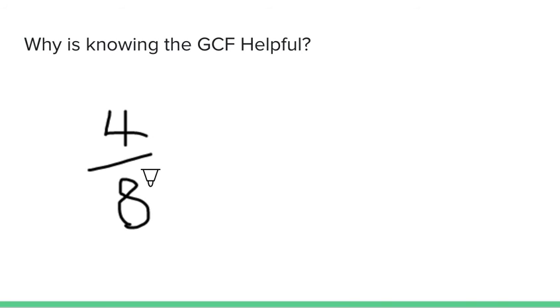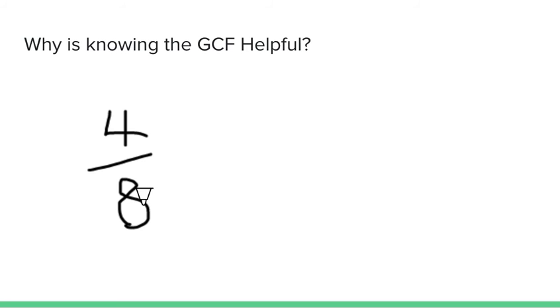But what the greatest common factor helps you do is simplify it to its simplest form right away. These are both even numbers. I could keep dividing both top and bottom by 2 to simplify them, but I'd have to take more than one step. But if I find out what the greatest common factor is between the two, I could divide the top and bottom by that greatest common factor, and I would automatically get this fraction in its most simplified form.